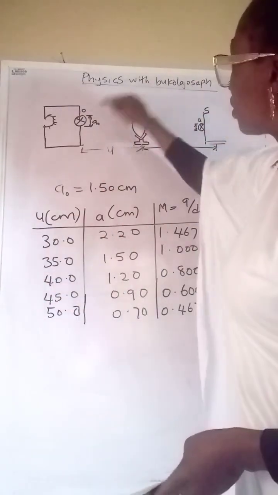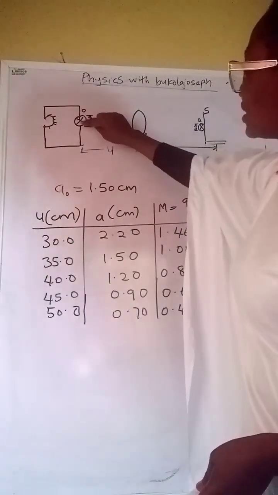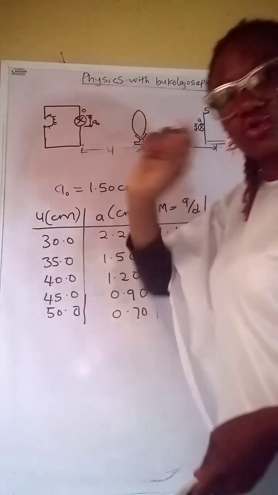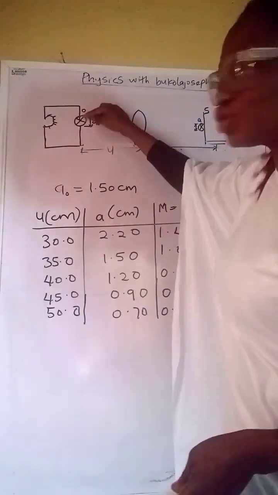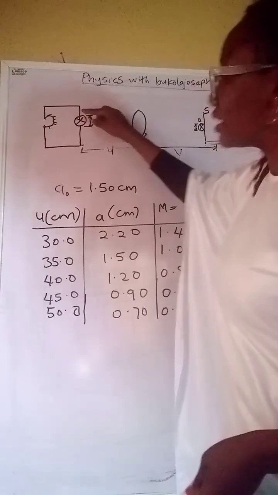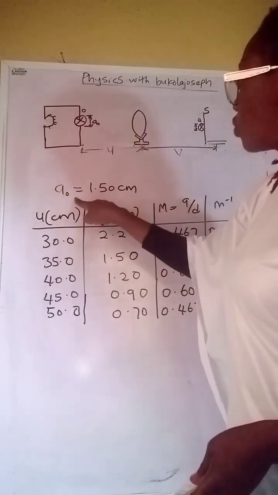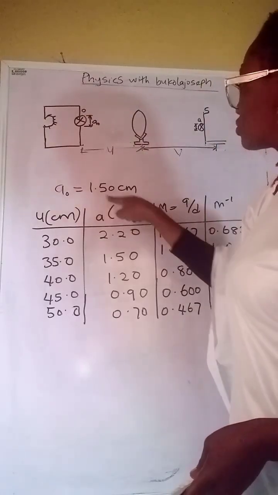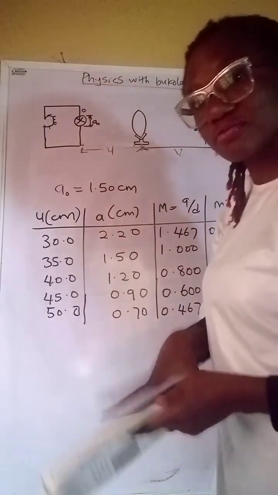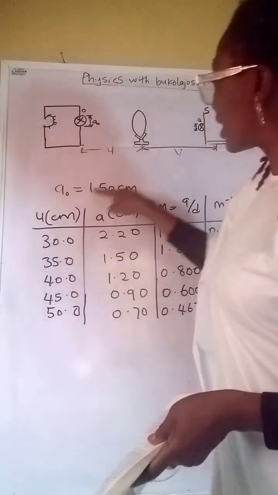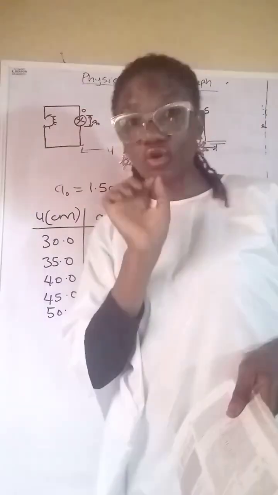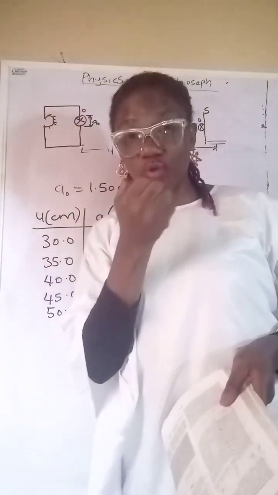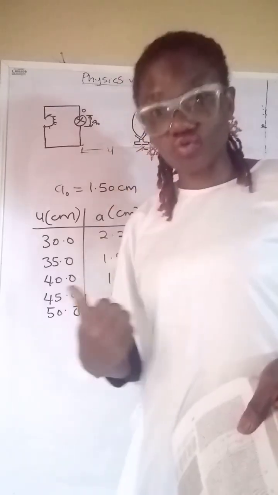The illuminated object will be the hole on the ray box, and you are expected to measure that object. Based on this past question, AO is 1.50 centimeter. Of course, you are going to be using your small ruler, maybe from your mathematical set, to measure.